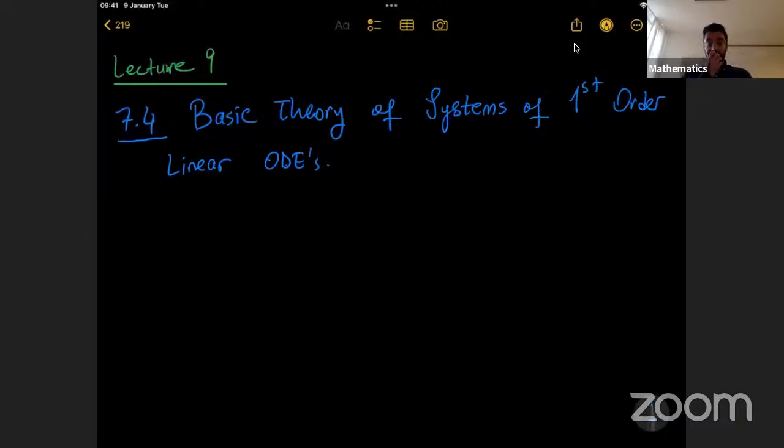We will discuss the theory of these systems, and then we will solve some equations.